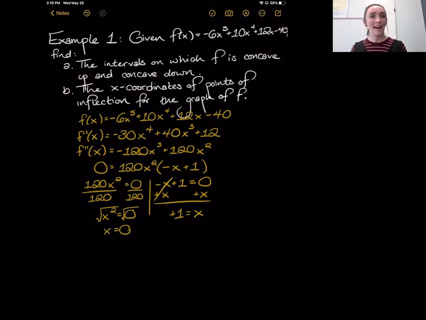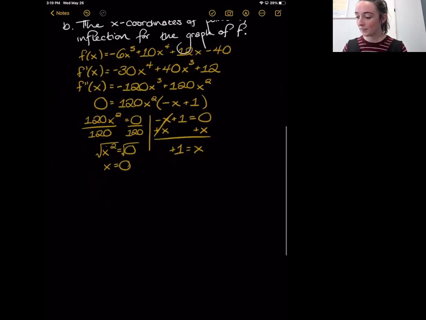Fantastic. Again, really similar to the first derivative test, we're going to make a number line. And this number line is going to tell us about the sign of the second derivative, f double prime. So is the second derivative negative or positive? That's what this number line is telling us about.